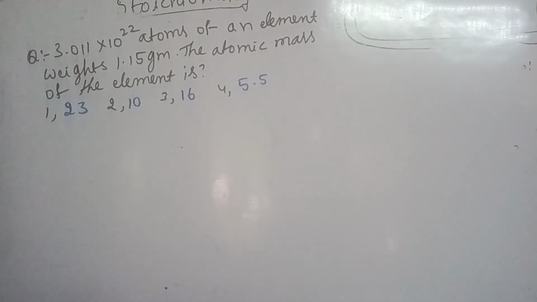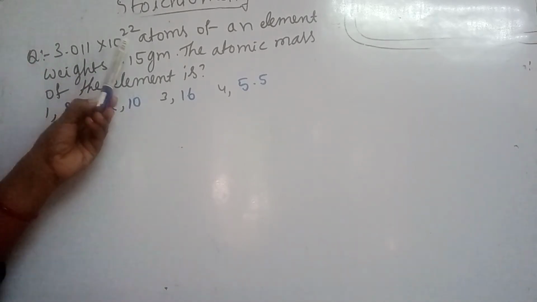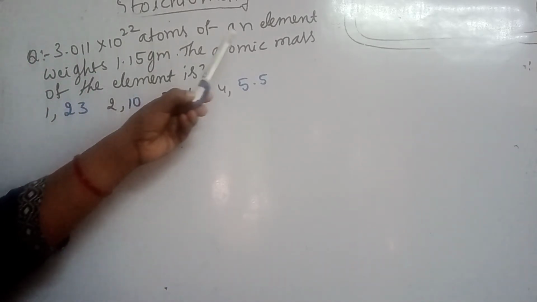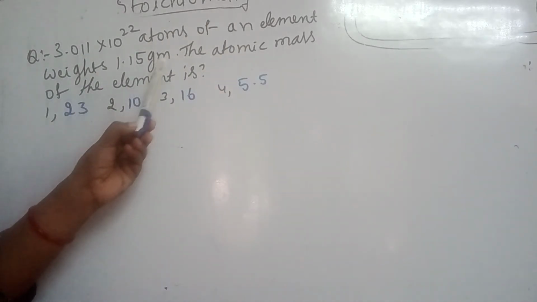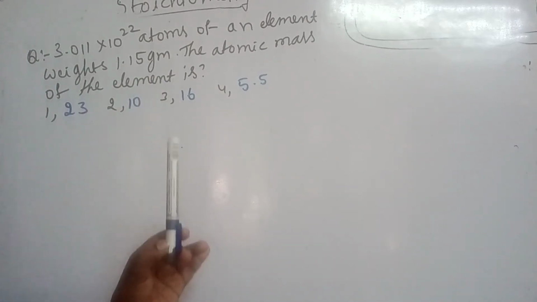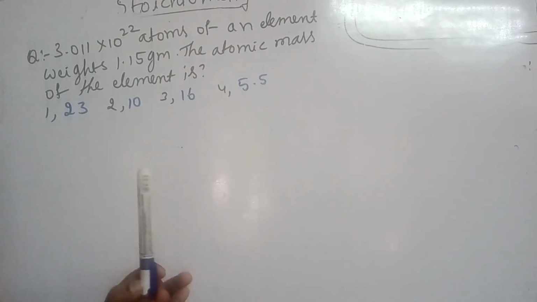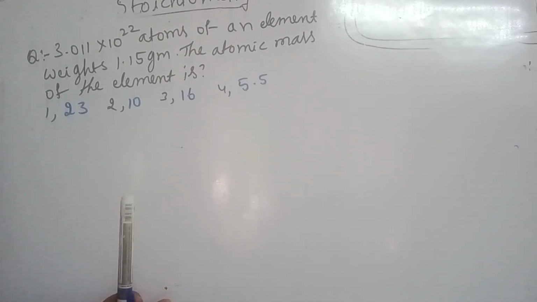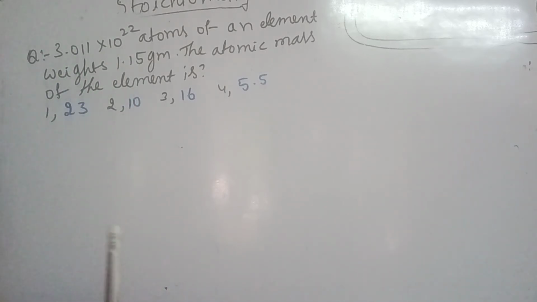Here the given question is: 3.011 into 10 to the power of 22 atoms of an element weighs 1.15 grams. So the atomic mass of the element is? The basic concept is that 1 gram atomic weight of any element contains 6.023 into 10 to the power of 23 atoms.